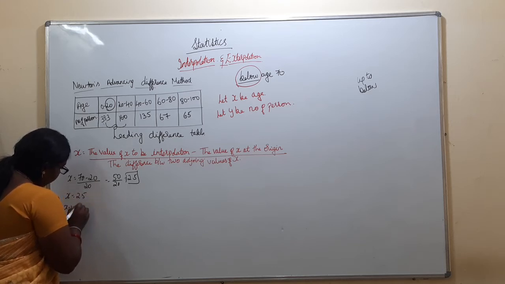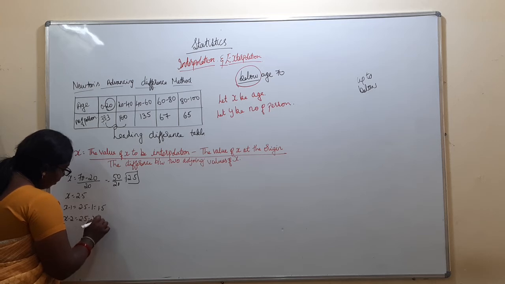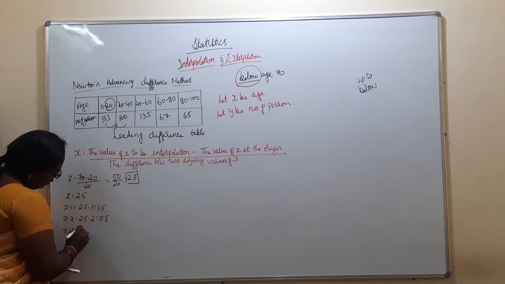x minus 1 is equal to 2.5 minus 1, I will get 1.5. x minus 2 is equal to 2.5 minus 2, 0.5. x minus 3 is equal to 2.5 minus 3, negative value, minus 0.5.